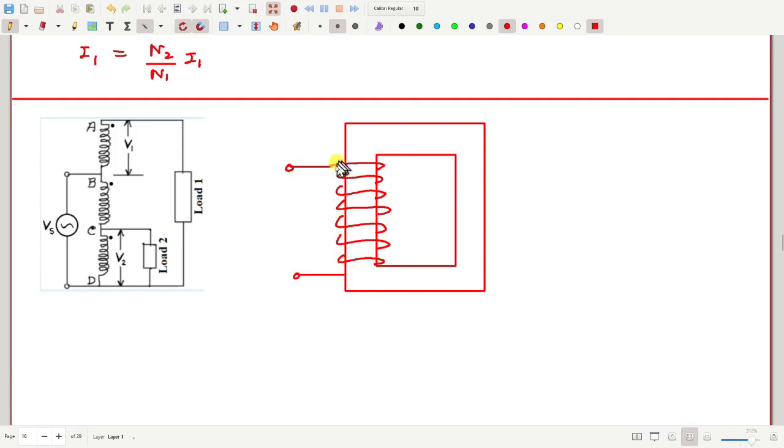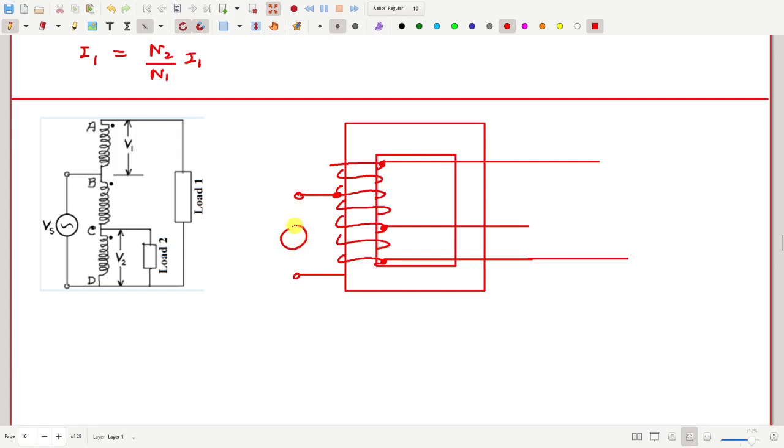From this single coil, we can take out various tappings, like in a sense a potential divider. For example, from here one tapping is taken out, then from these two ends another tapping, and then from here. These are various different tappings.